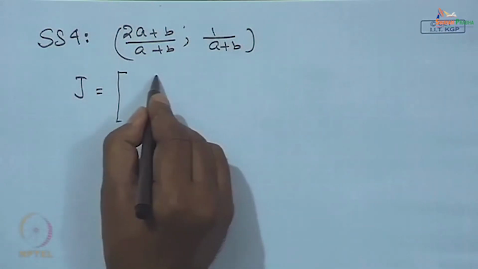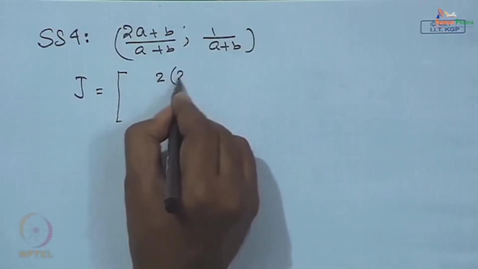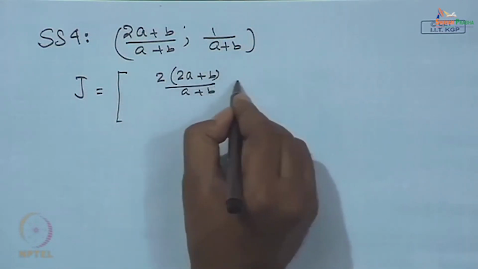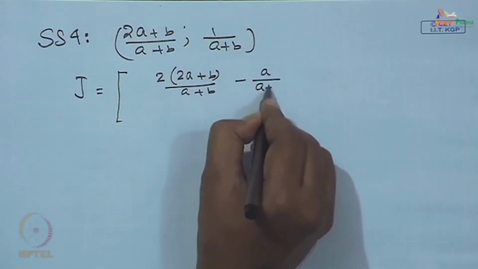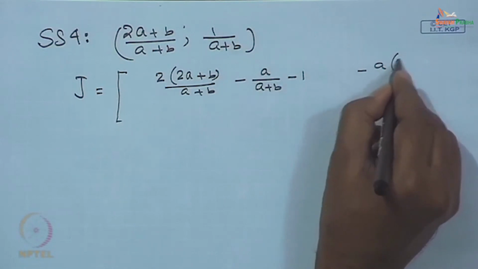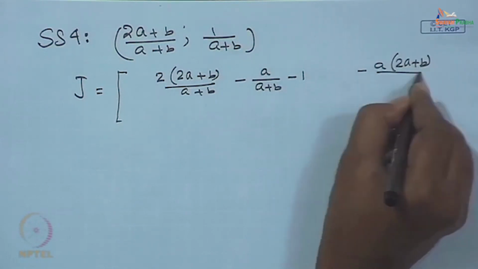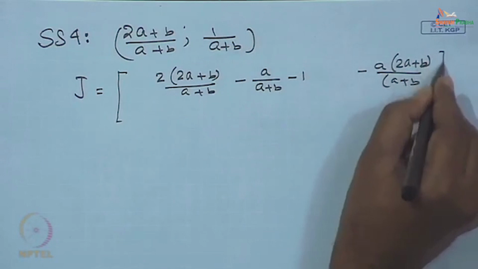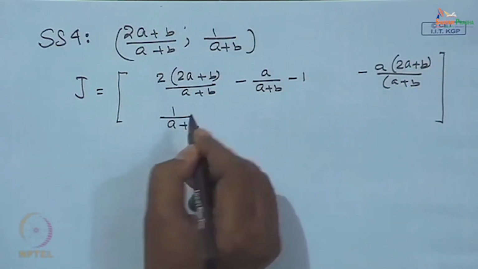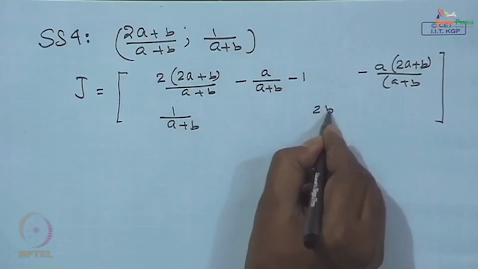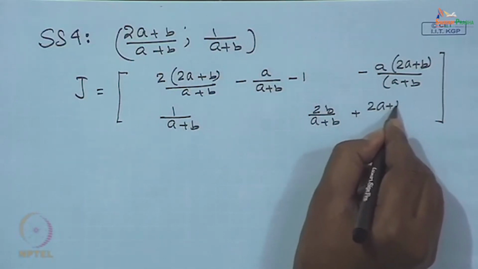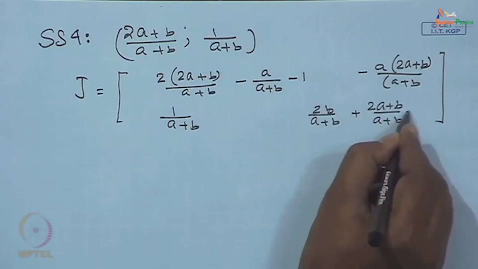So, this becomes 2 into 2a plus b divided by a plus b minus a divided by a plus b, minus 1, minus a into 2a plus b divided by a plus b, 1 over a plus b, then 2b by a plus b plus 2a plus b divided by a plus b minus 2.